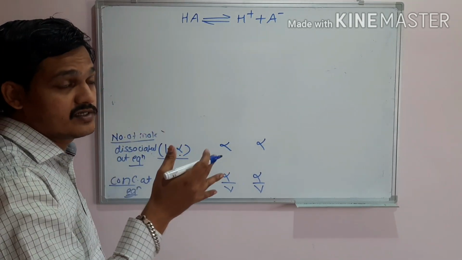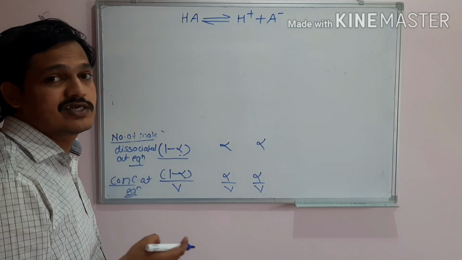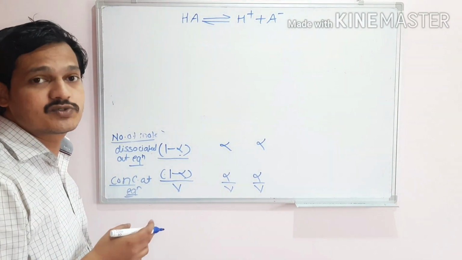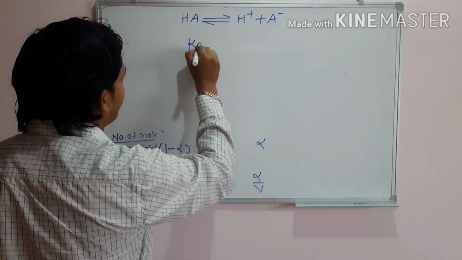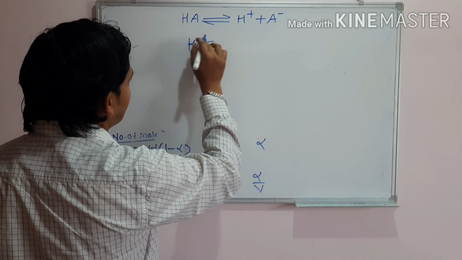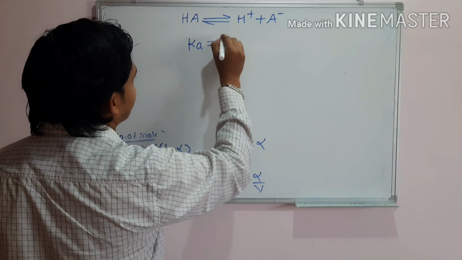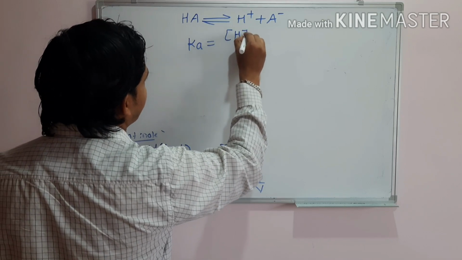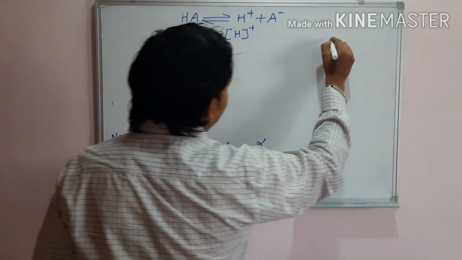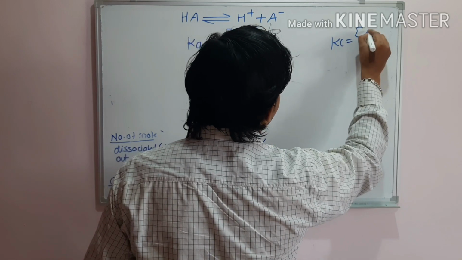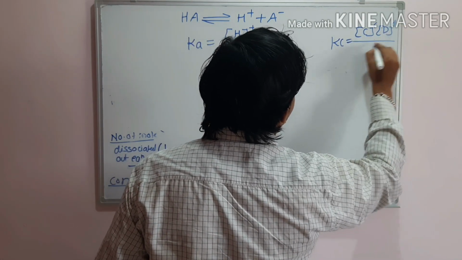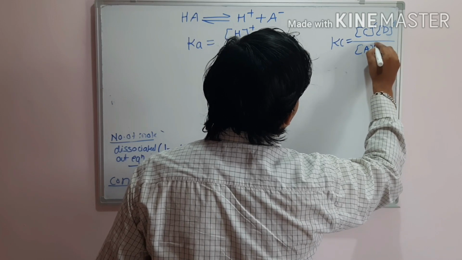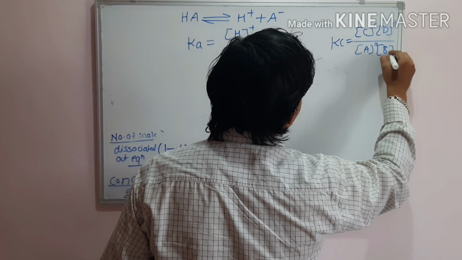Kc is equal to C raised to c into D raised to d divided by A raised to a and B raised to b. In this case we add not Kc but Ka, for acid.